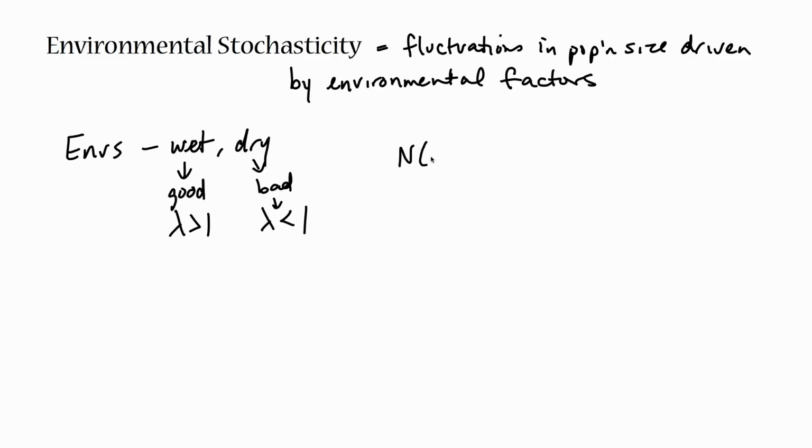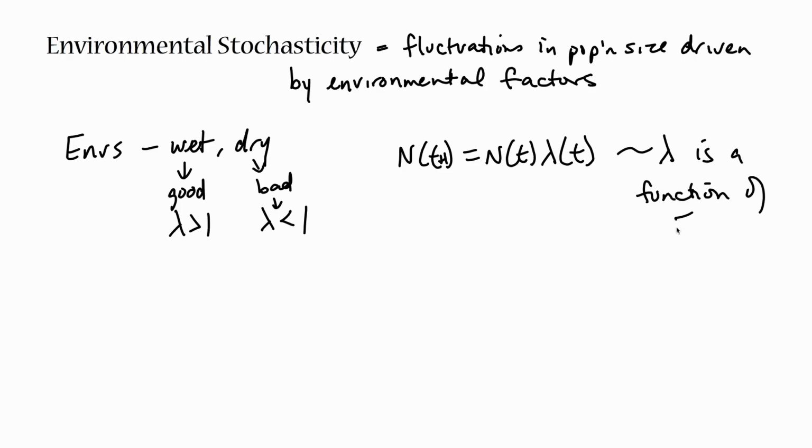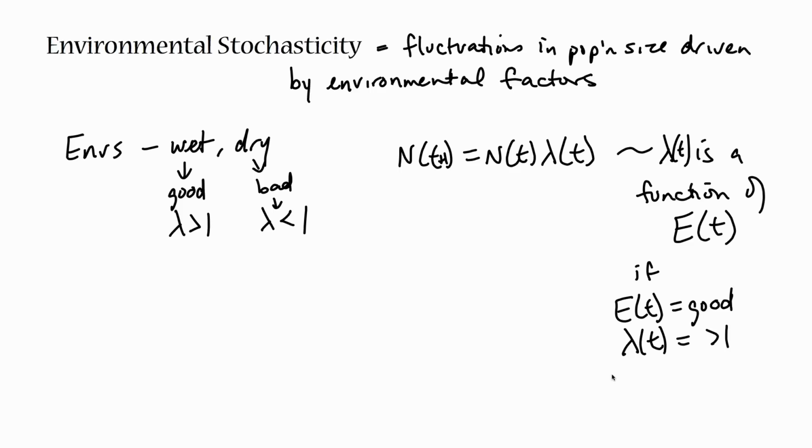So my model would still look like n at time t plus 1 is n at time t times lambda t. But now, lambda is a function of environment at time t. If the environment at time t is good, lambda at t is going to be greater than 1, or if the environment at time t is bad, lambda at time t will be less than 1.